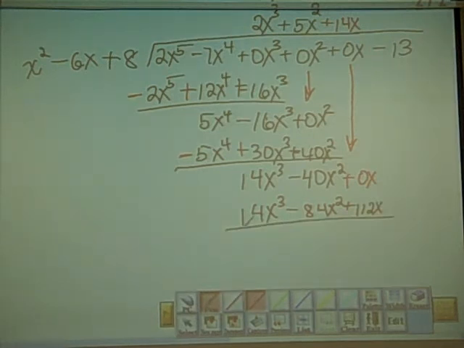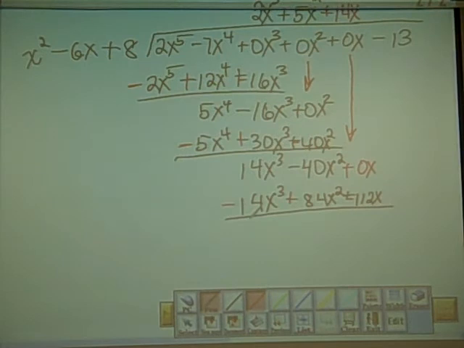Again, we change the signs: minus, plus, minus. The 14x cubes cancel, negative 40 and positive 84 will be 44x squared, minus 112x, and we're going to bring that minus 13 down.